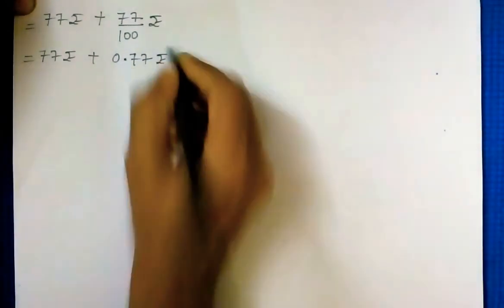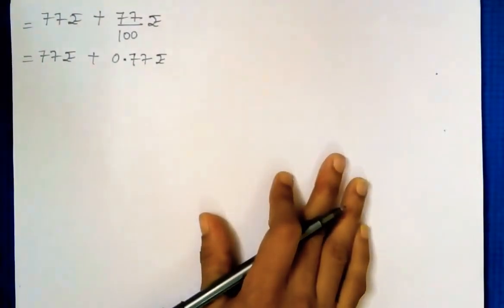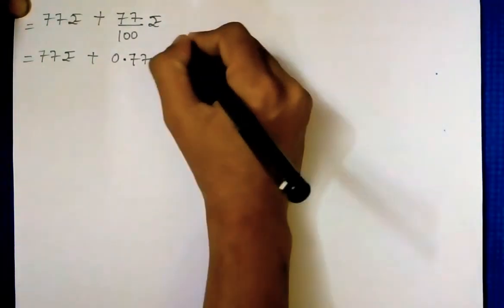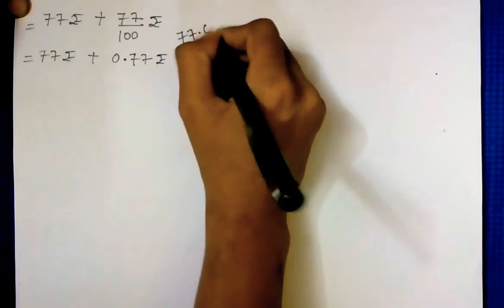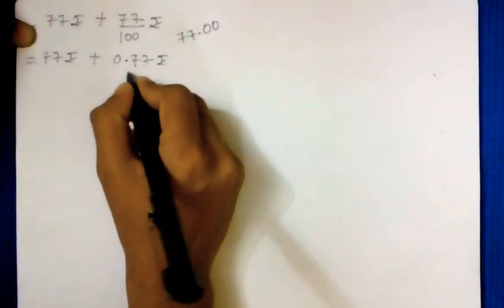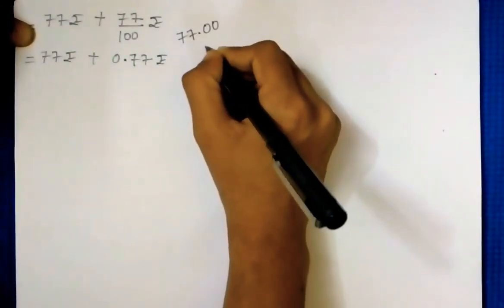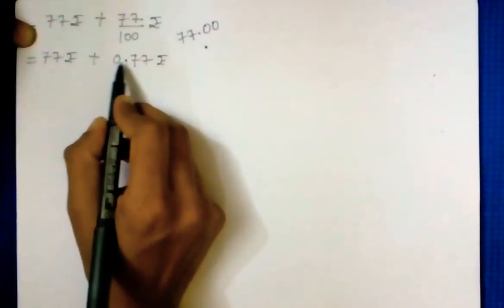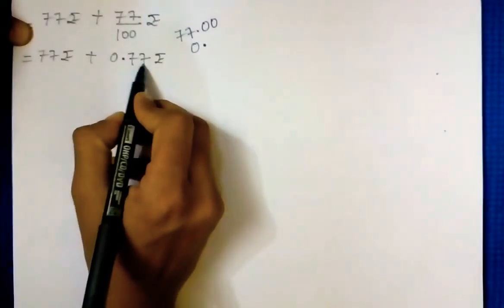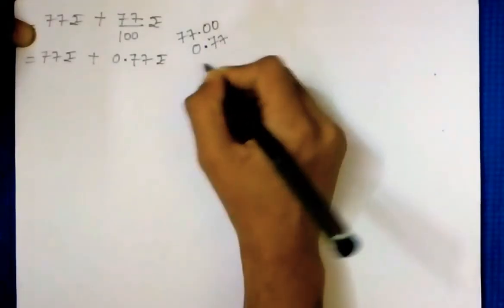Now how will we add these both? Here there is no decimal point, so as I told you, you can keep .00 at last. So it will be 77.00. Here it is 0.77. As I told you, point below point you need to arrange it. Before the point there is 0, so keep 0 here, and 77 is after the point, so keep it here this way.